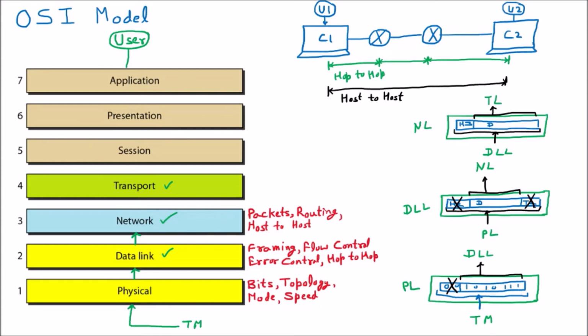The network layer is not responsible because the data link layer is already working for that. So you can see that as we go layer by layer, the layer functionality becomes broader. Just like we started from bits combined to frame, frame combined to packet. So this is how the functionality becomes broader.